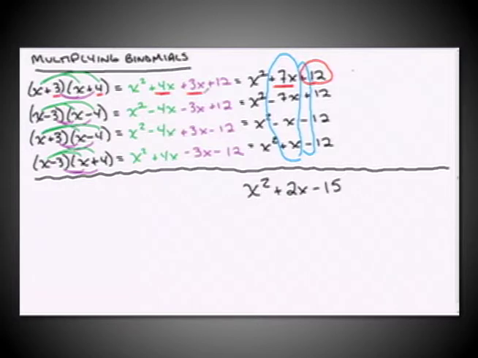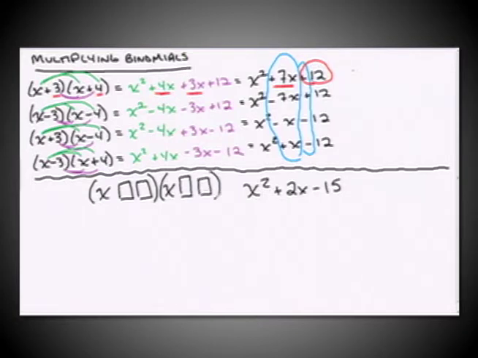So let's go ahead and move down to our example, x squared plus 2x minus 15. So I know that I can go ahead and set myself up some parentheses that I'll be filling in later on. Because when I multiply binomials, they look like an x in the first part of each binomial that multiplies together to make x squared.